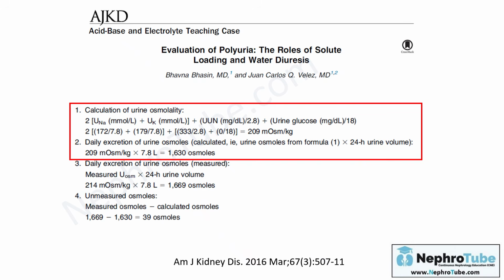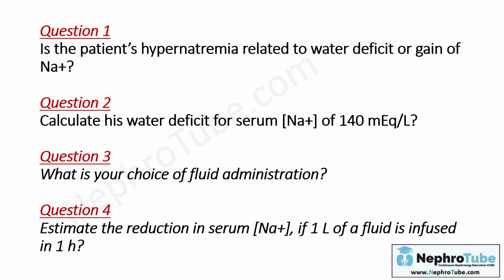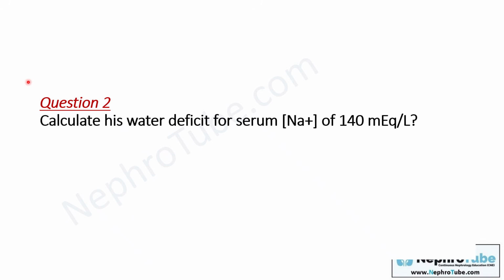So for sure, this patient has solute diuresis. So now we have finished the first question, which is related to diagnosis of the cause of hypernatremia and whether it is due to water deficit or sodium gain. Let's go for the second question.